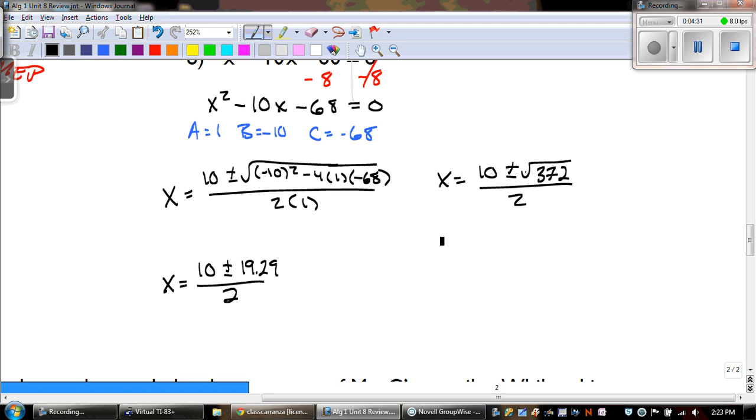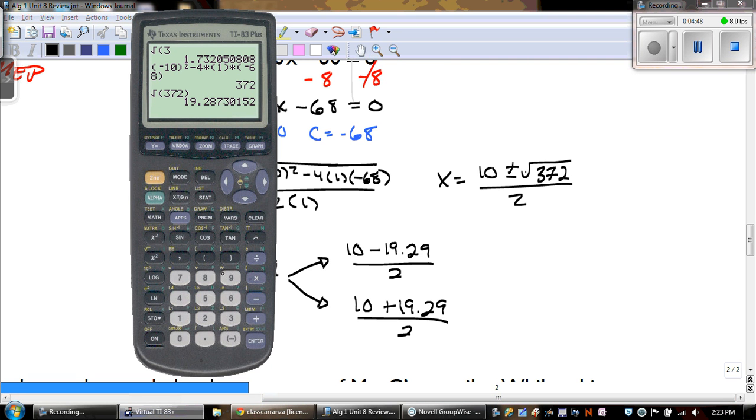Okay, so then we're going to break it down into our 2, the plus and the minus, so 10 minus 19.29 divided by 2, and 10 plus 19.29 divided by 2. And remember, you can put that all in your calculator as long as you break it up.